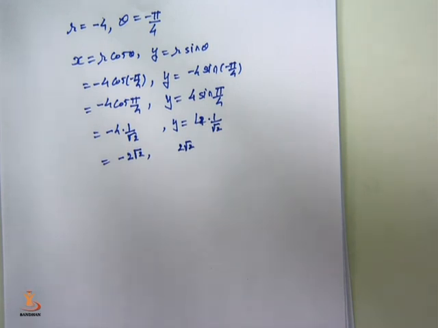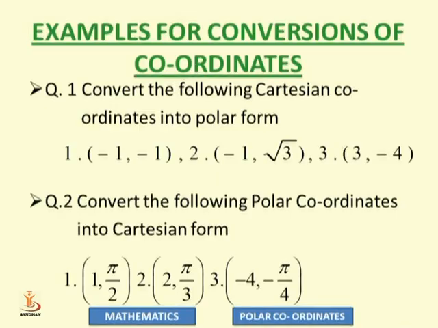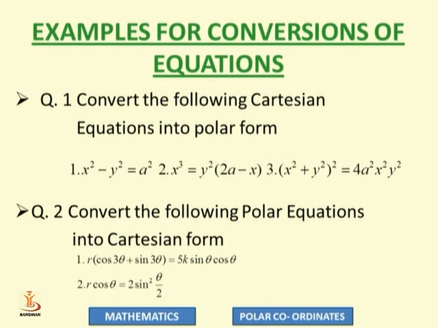In the same way as we are converting the polar or Cartesian coordinates into Cartesian or polar form, we can also convert the polar equations and Cartesian equations into the various forms. For that, we'll take some examples again.